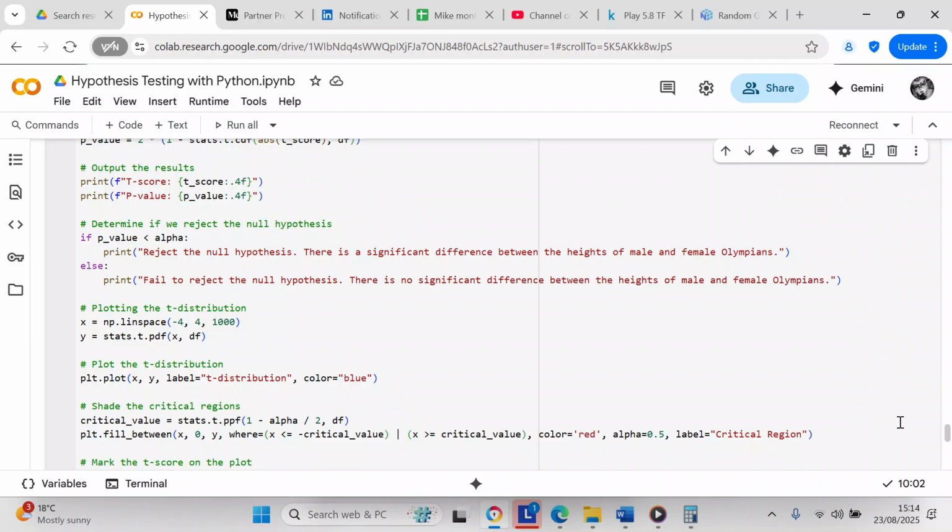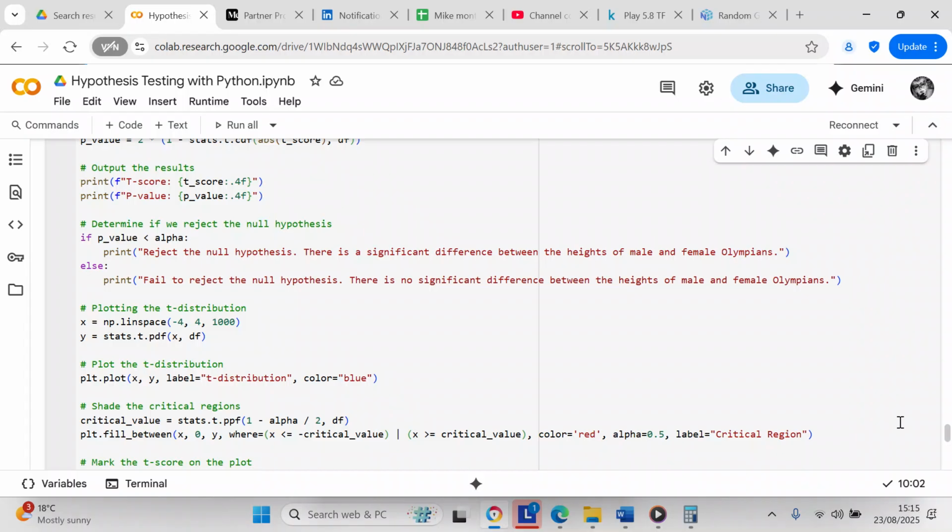We're going to fill in the critical region. Critical value equals stats.t.ppf brackets 1 minus alpha divided by 2, df. Here t is the t-distribution, ppf is the percent point function, and df is your degrees of freedom.